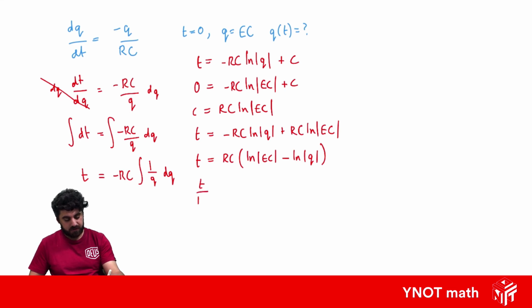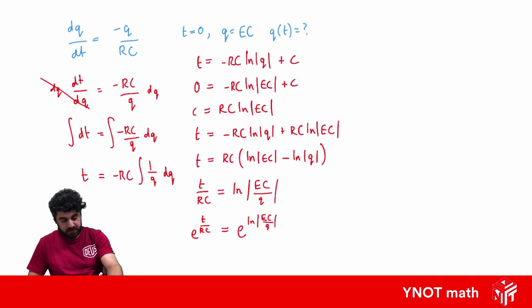So we'll have t over RC equals, now we have a subtraction of two log terms, which will end up being the division of these terms. So it'll be ln, the absolute value of EC over q. Let's take both sides and make them the powers with a base e. So we'll have e to the power of t over RC equals e to the power of ln, absolute value of EC over q.